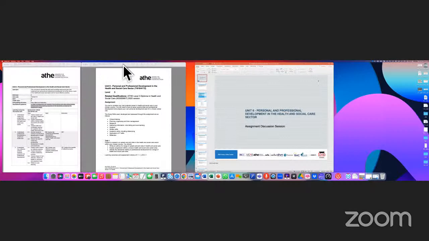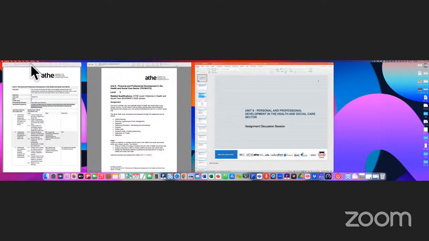I've got 3 documents open. One is the unit specification, which we used for discussing the topics and the indicative content in our earlier sessions. The second is the assignment brief, which the awarding body issues.